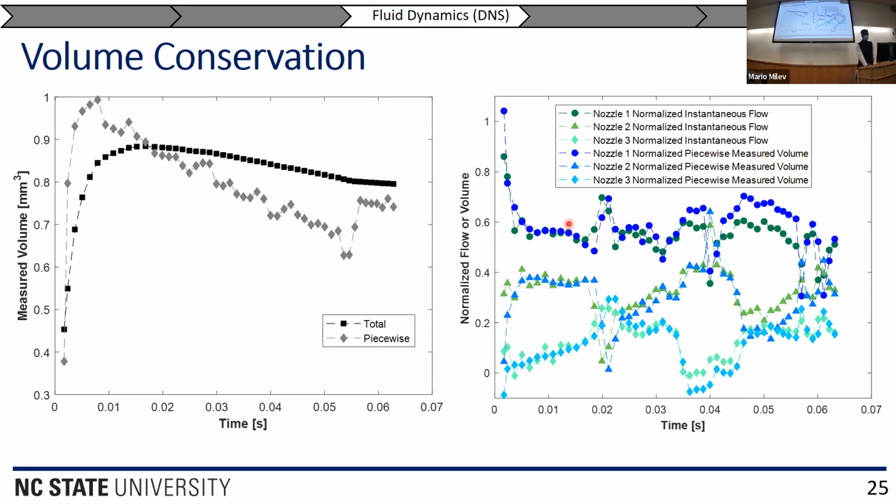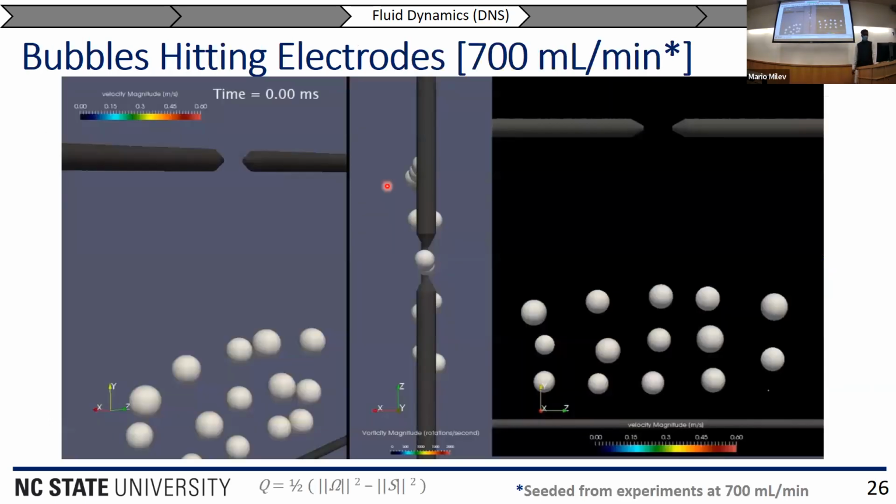We do see that on the right here, where the instantaneous flow is matched by the piecewise measured volume. We do note that over the entire simulation, about 20% of the volume is lost to the way the interface is redistanced over each time step. But that is fixed in a later simulation, which is this one.